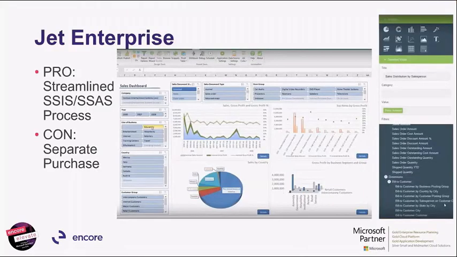On the third-party side, we've got Jet Enterprise. This is the top offering from Jet, and it's pretty amazing. So what this actually does is give you a UI, a streamlined interface for doing all that SSIS and SSAS work. Basically, it takes that maybe not completely out of the realm of a developer, but at least not so incredibly technical and so development heavy.